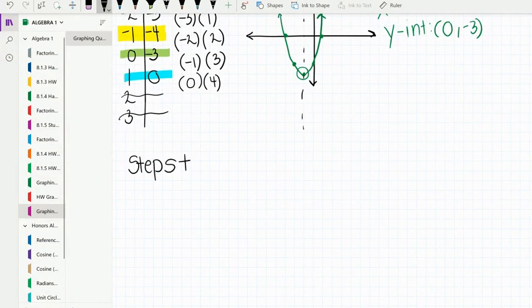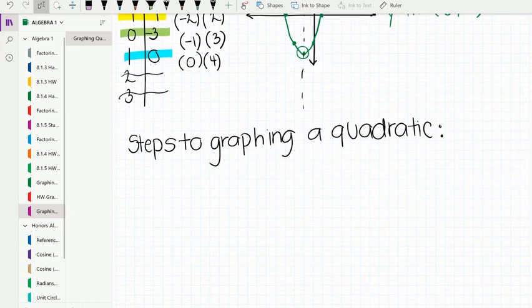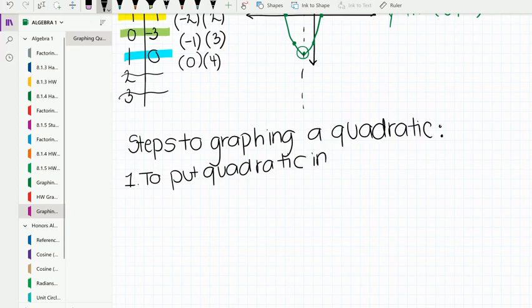All right, so if we were to just graph any function, I'm going to kind of give us steps to graphing a quadratic. Now, there's many different ways that we can do this, so I don't want you to get too caught up, but this is one way that you could do it. So step 1 is to put the quadratic in factored form, and find the x-intercepts.